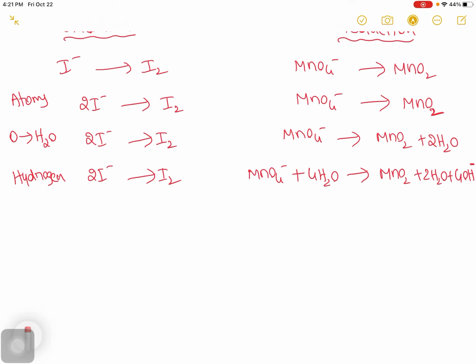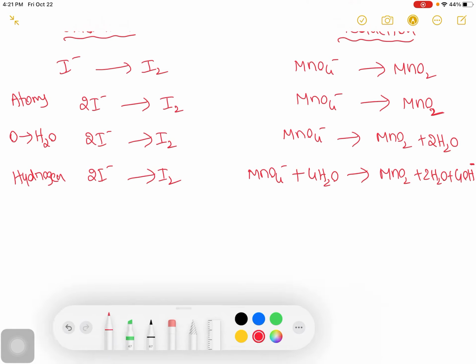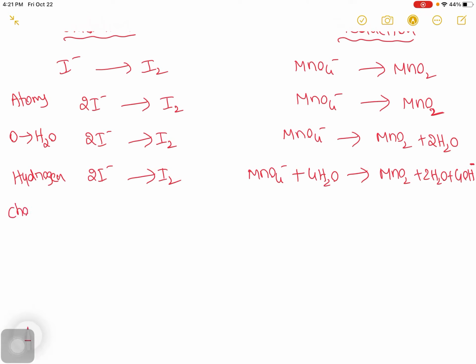Next step is charge balancing. Charge is balanced by using electrons. See here, on the left side the charge is 2 into minus 1, which is minus 2, and on the right side it is 0. Among minus 2 and 0, 0 is the higher value, so on the 0 side we have to add electrons.